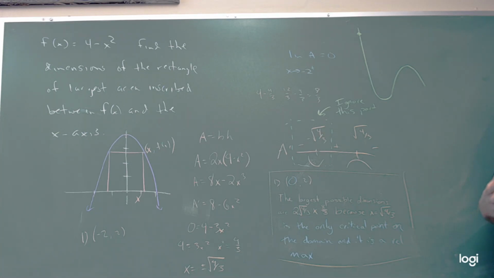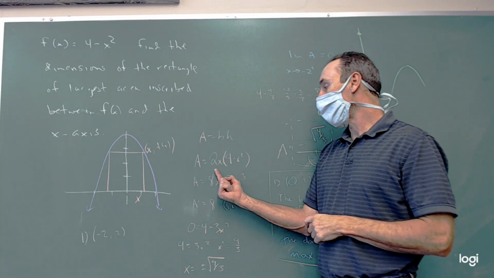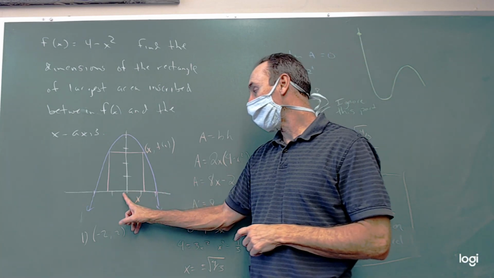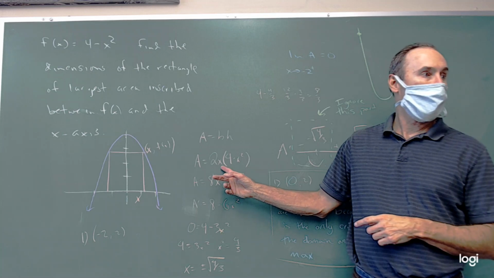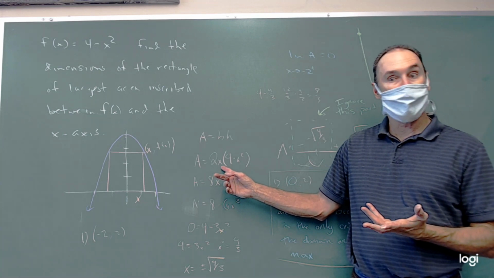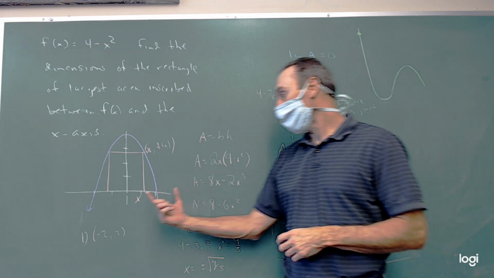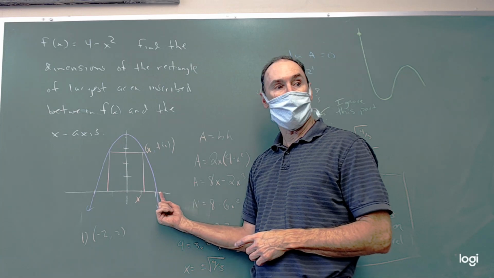On the other hand, if you scratch your head a little bit and say, if these are the dimensions of our rectangle, then we really can't include negative values for x, because that would make for a negative base or a negative area, which isn't reasonable. So you can actually restrict your domain to be from 0 to 2.